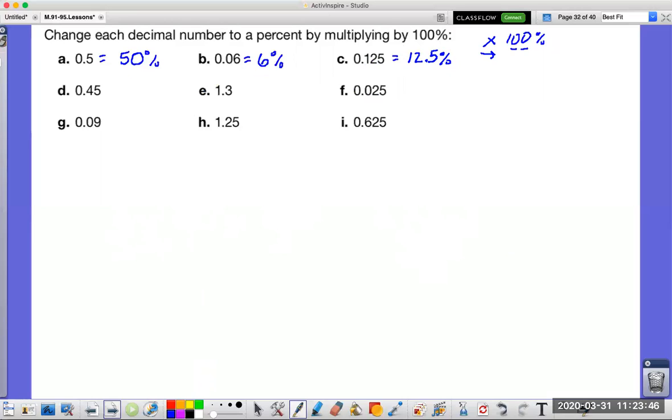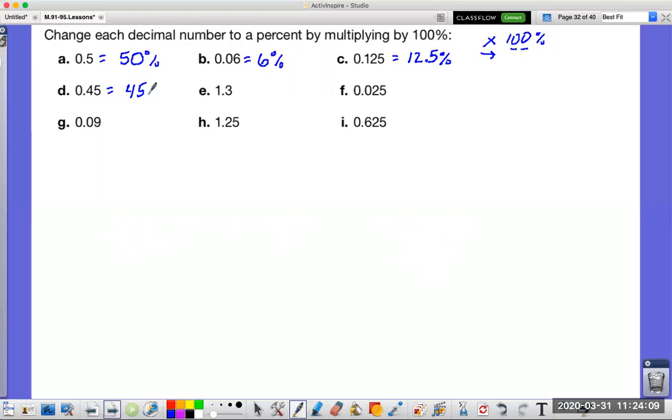Okay? What about letter D, 45 hundredths as a percent? So again, I start with the digits, the 4 and the 5, and I move the decimal from its original position 2 places to the right. I don't need to write it there.